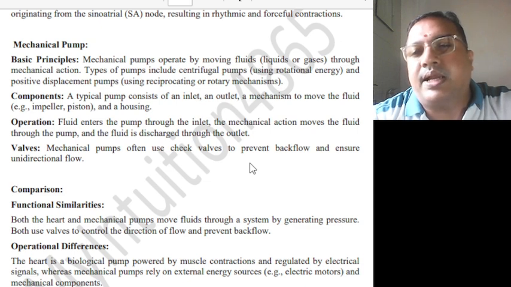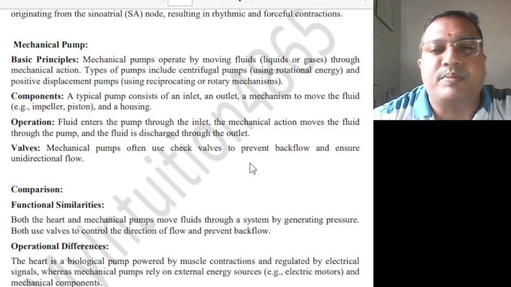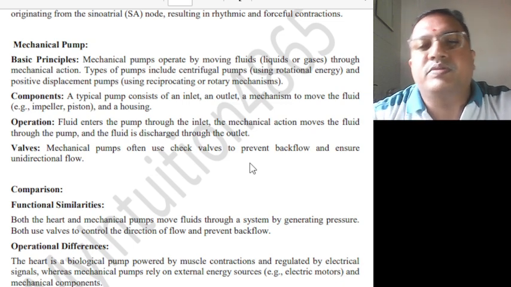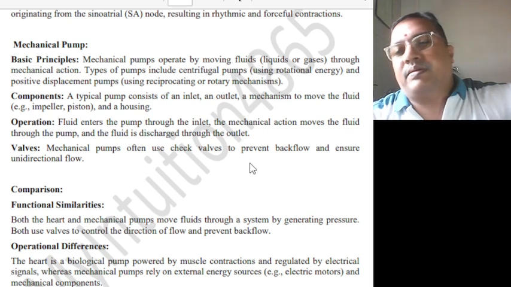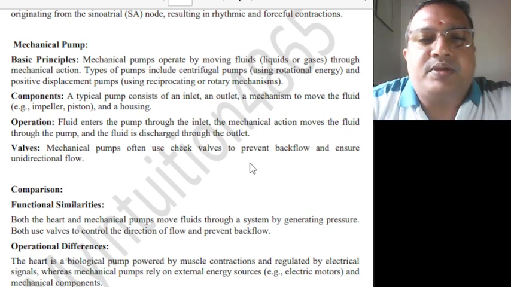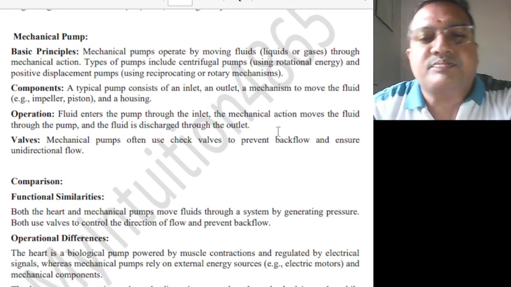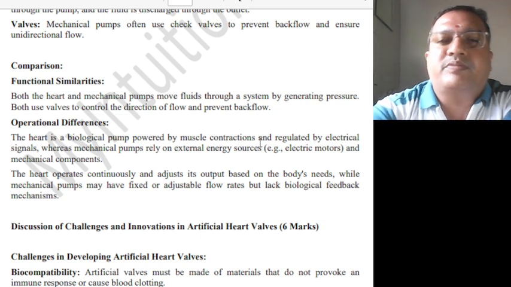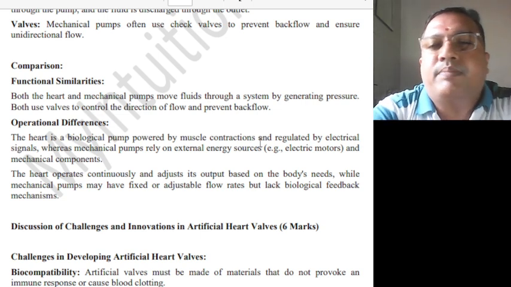The mechanical action moves the fluid through the pump, and fluid is discharged through the outlet. That is how it operates. Mechanical pumps often use check valves to prevent backflow and ensure unidirectional flow.